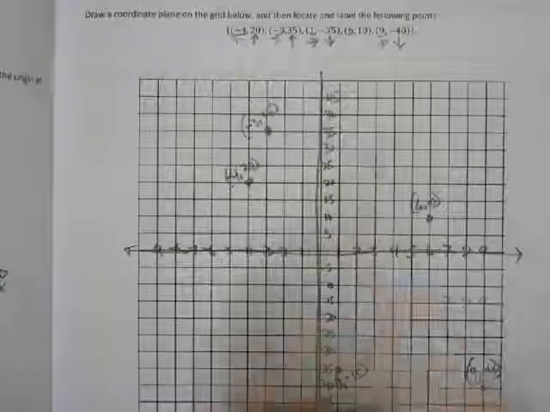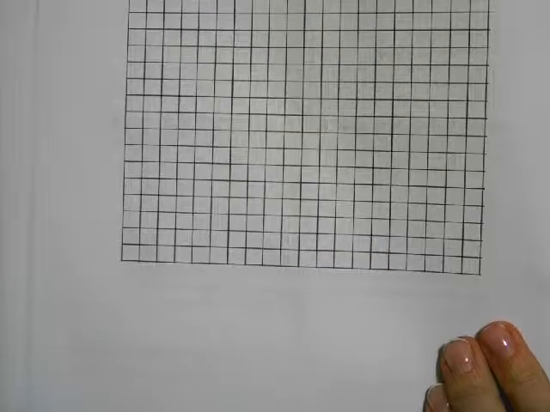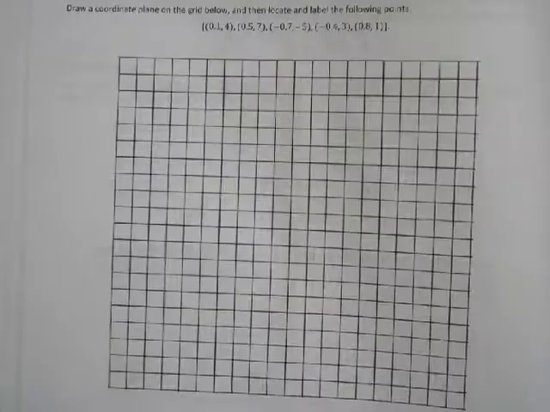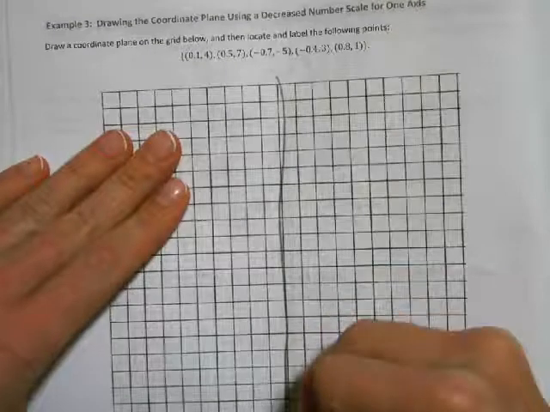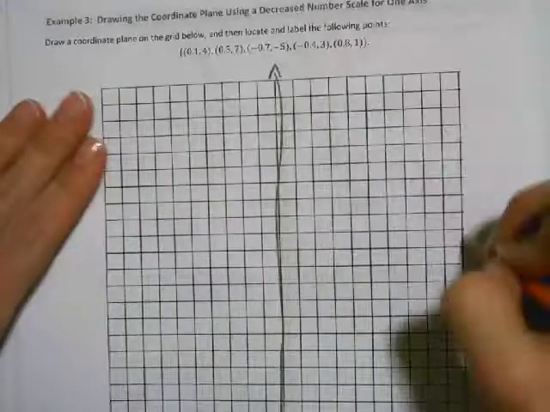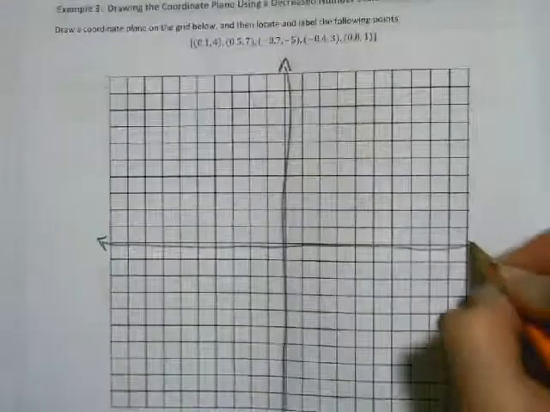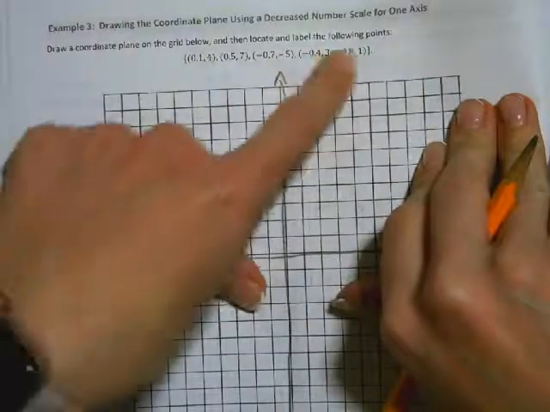So you're going to continue practicing our graphing. What I'm going to do, though, is I'm going to tell you what you can count by so that you know what the scales are to practice the graphing. So for this one, we have our lines through it. And my x's, I'm going by tenths.